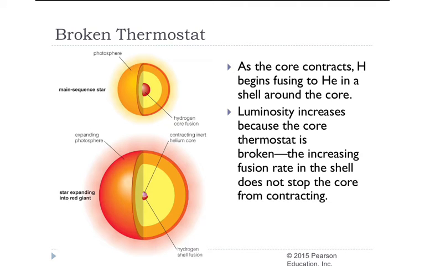So we call this the broken thermostat, where we have that hydrogen turning into helium in the core, but then you get this outer shell. And so that broken thermostat makes the star expand, then contract and expand, and it becomes very, very unstable.